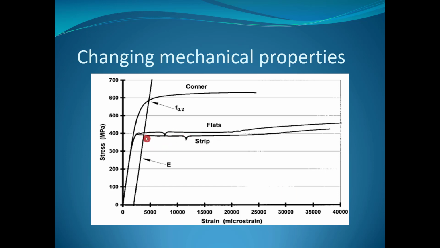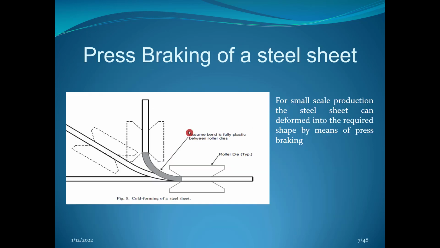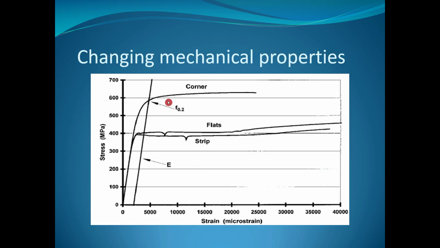It is shown here that the strip is the virgin one, and the flats are these portions after the pressing, and these are the corners. So all will have different properties. Especially, the yield strength of the flats is the same, but the ultimate stress differs. And the corner section has a very high yield stress.